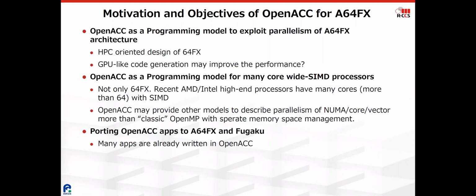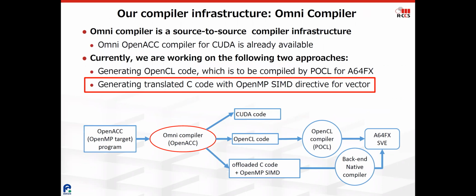Our compiler infrastructure is the Omni Compiler. The Omni Compiler is a source-to-source compilation infrastructure. The Omni OpenACC compiler already supports CUDA code generation. Currently, we are working on two approaches for the A64FX.